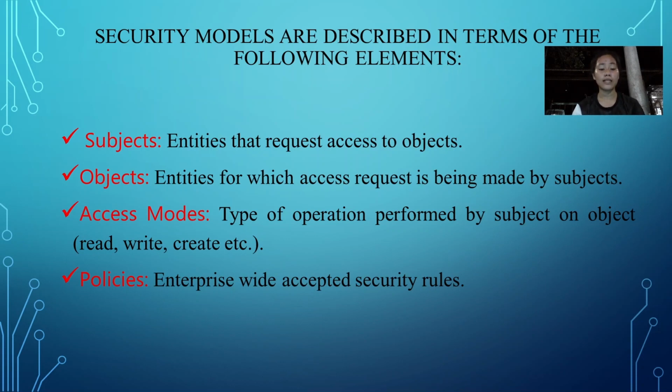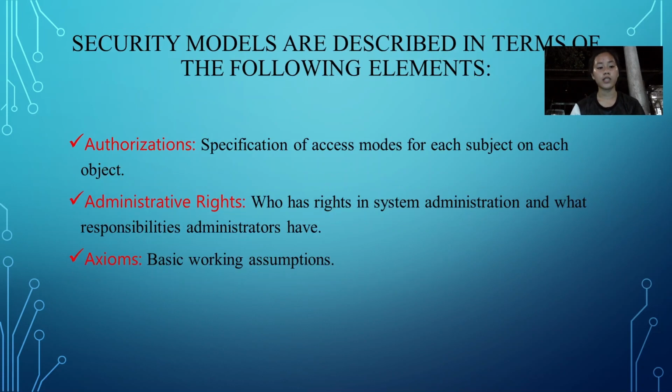And then of course policies, enterprise-wide accepted security rules. And then authorizations, which are a specification of access modes for each subject on each object. And then administrative rights, which define who has rights in system administration and what responsibilities administrators have. And then last are the actions, basic working assumptions.